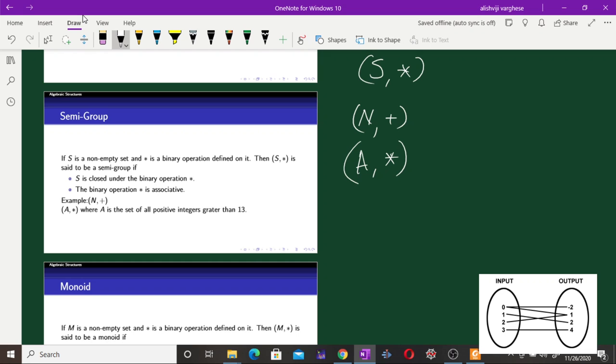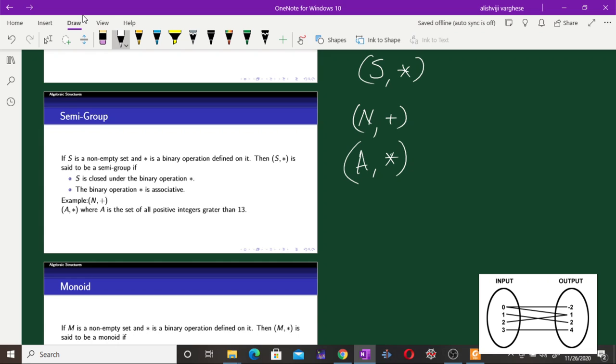If you take any two elements from A, they are two positive integers greater than 13, and if you multiply them, what we get is also a positive integer which is greater than 13.